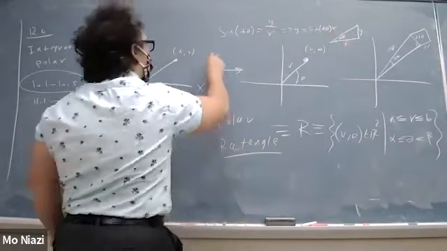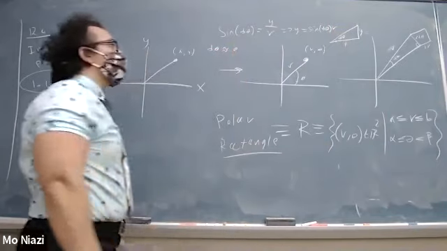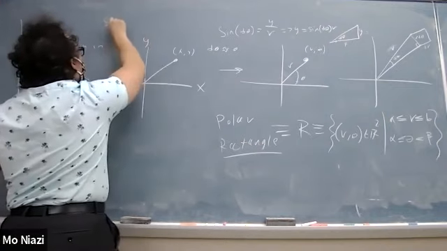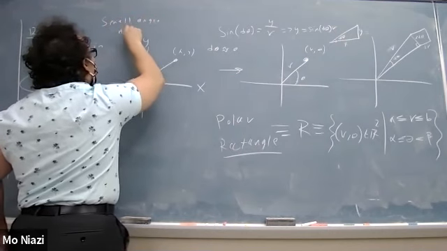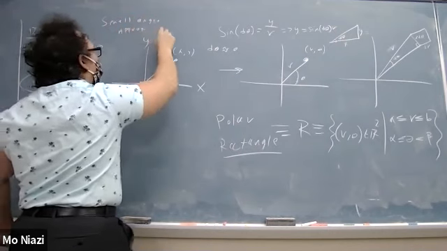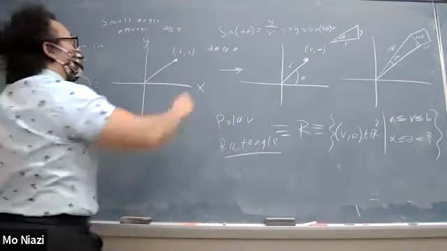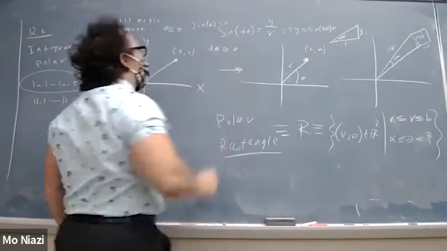But d theta is almost equal to 0. So we take the small angle approximation. This says that for theta very small, the sine of theta is approximately equal to theta.